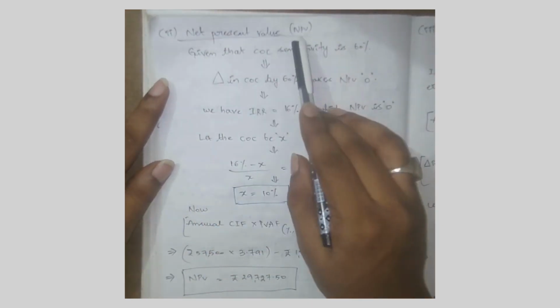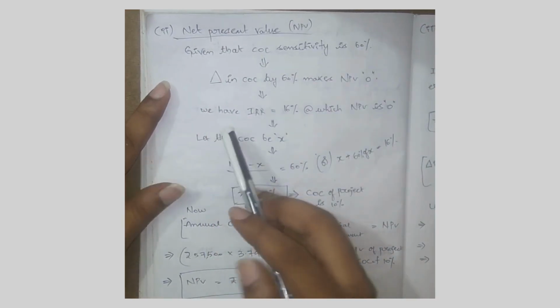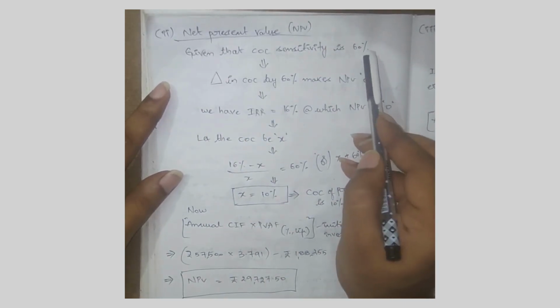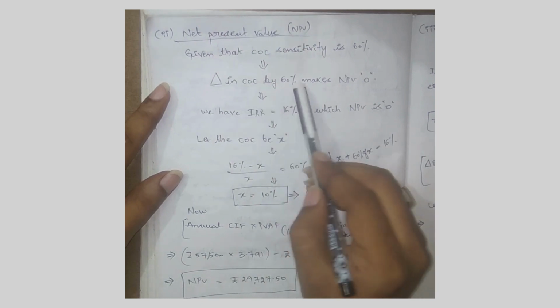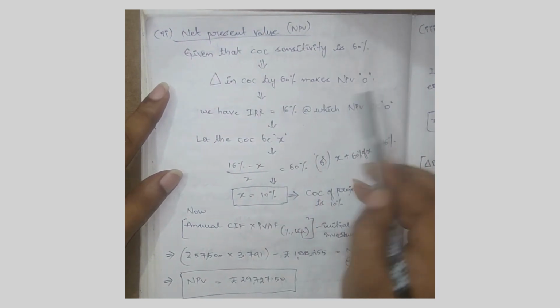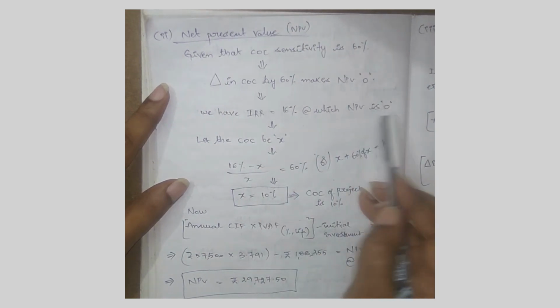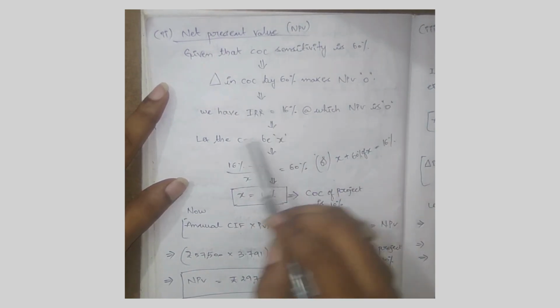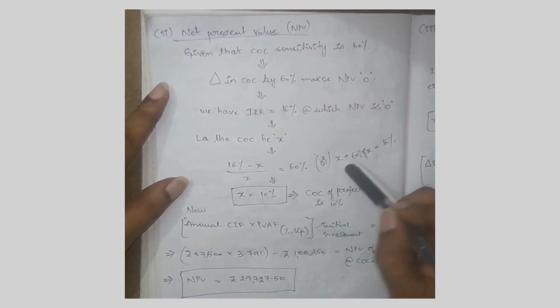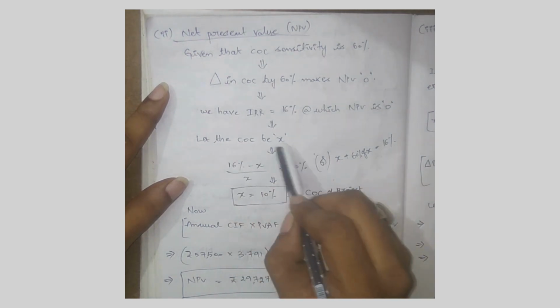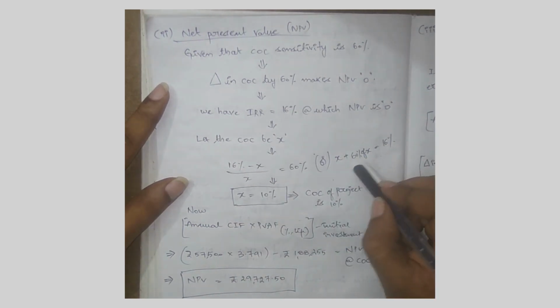Let's go to the second point, that is the net present value, NPV, of the project. In the question it is given that the cost of capital sensitivity is 60%. That means a change in cost of capital by 60% makes the NPV 0. So we know at IRR NPV is 0. If we say the cost of capital is X, then the change in cost of capital by 60% gives us the post-change cost of capital.